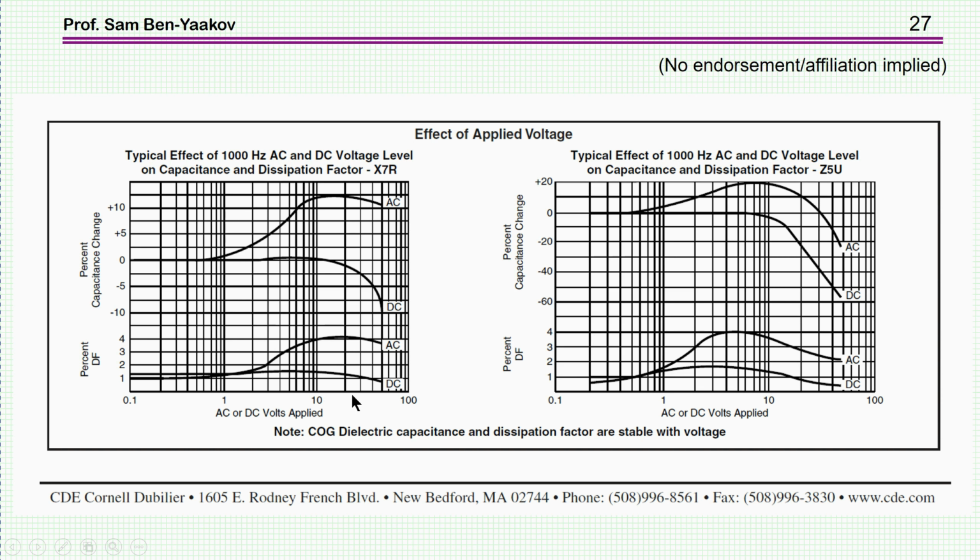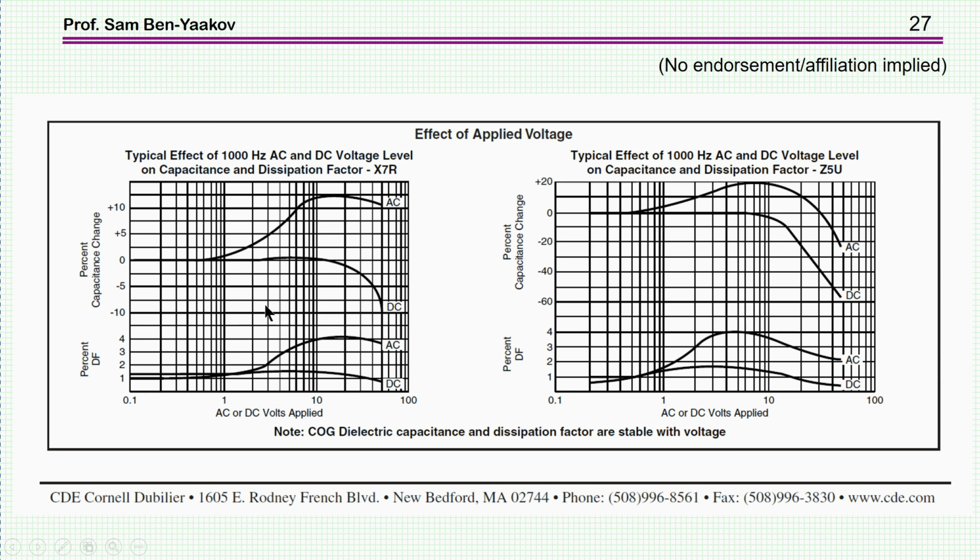Now, this is another look at the same problem. This is by the Cornell Dubilier company, just giving another view of the changes. Again, no endorsement implied here. This is for two capacitors, X7R and Z5U, which has a much higher dielectric constant.